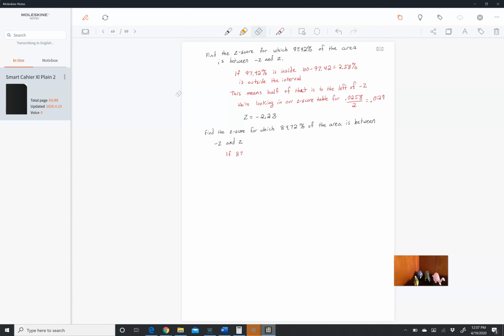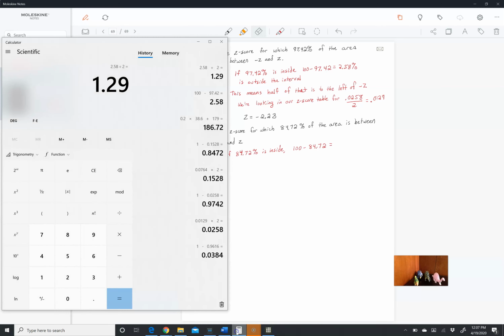If 84.72% is inside, then 100 minus 84.72. And if we calculate that, we get 15.28 is outside.